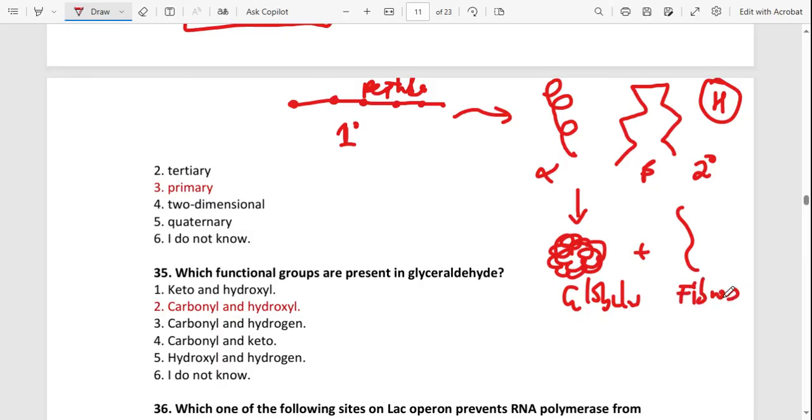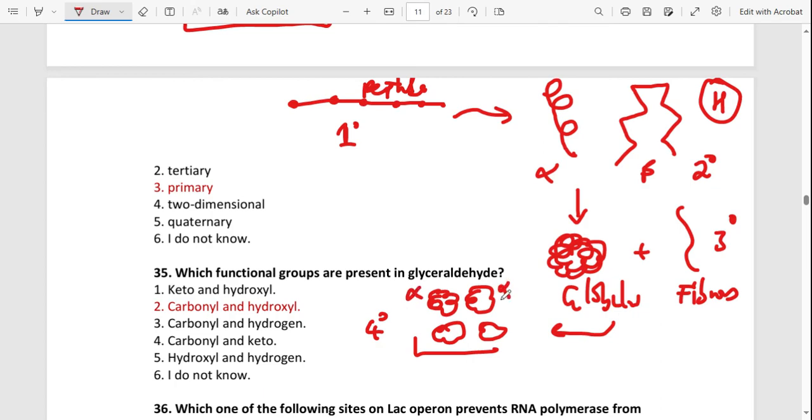So fibrous and globular, this is tertiary. If you get a lot of tertiary structures put together, for example this tertiary, this tertiary, this tertiary, that is going to form what we call a quaternary structure. For example, hemoglobin has 4 tertiary structures, 2 alpha, 2 beta, to form a quaternary structure.